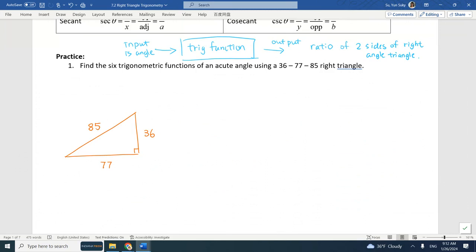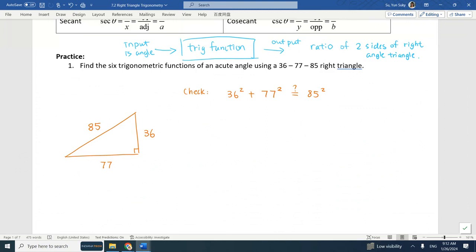Right, everybody? So let's check. Do they satisfy the Pythagorean theorem? Is 36 squared plus 77 squared equal to 85 squared? Take out your calculator, everybody. In your calculator, what is 36 squared plus 77 squared?